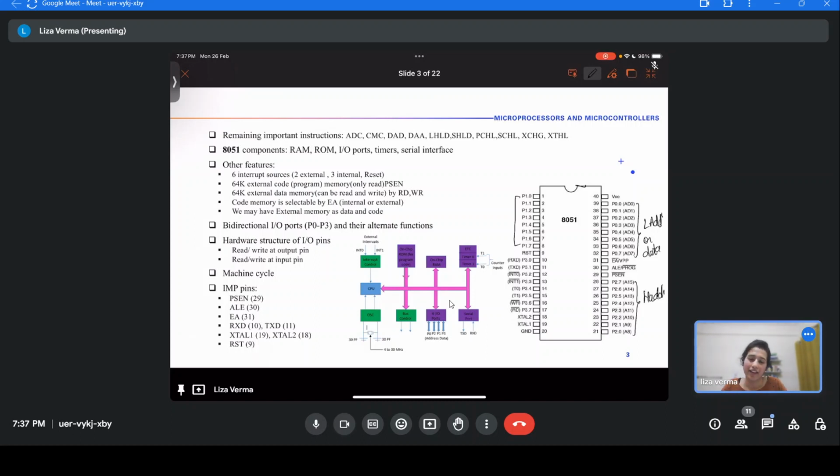Now, does anyone have a doubt regarding this? Yes, ma'am, while the push instruction is executed, what happens? I'm coming to that. See, the stack pointer will point to 07H after reset, right? So it is 8-bit wide.